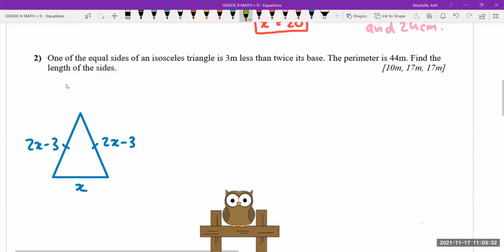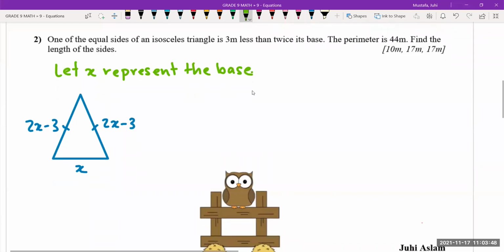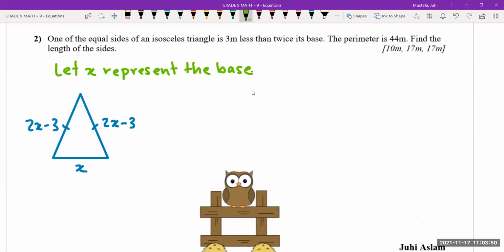All right, so we need a let statement, which is going to be let x represent the base. Yes, you could be as specific as you want. And then the perimeter is 44. What does perimeter mean? What do I do with all of these numbers? I'm adding them together and setting it equal to 44. It doesn't matter what order you put them in.